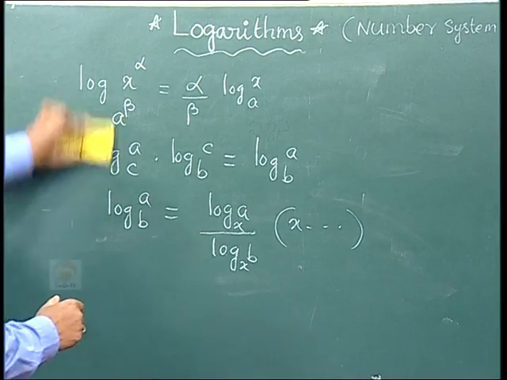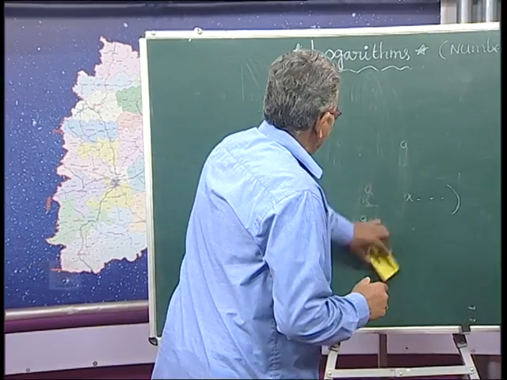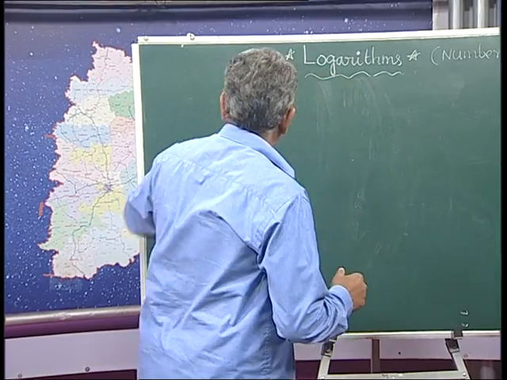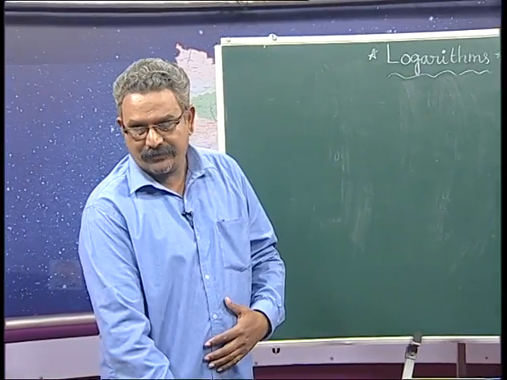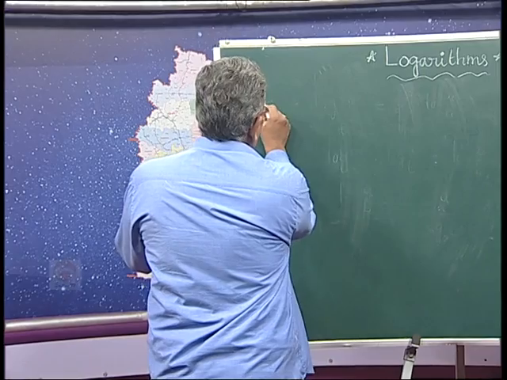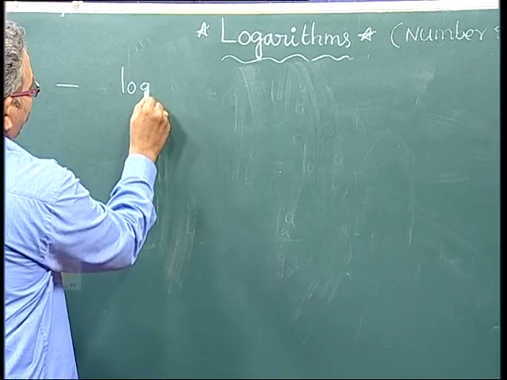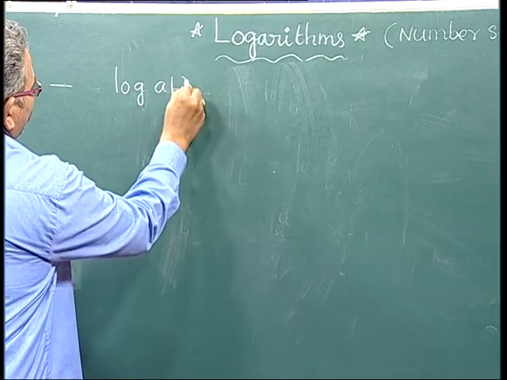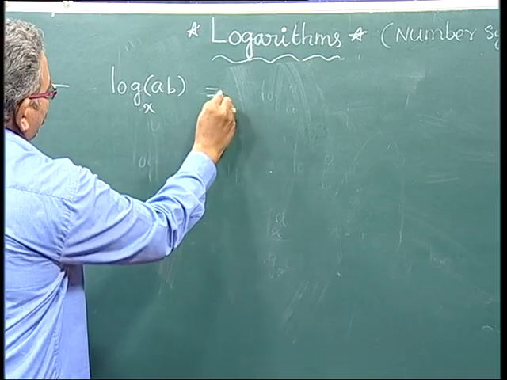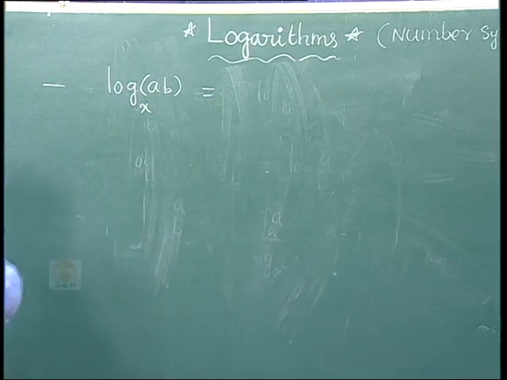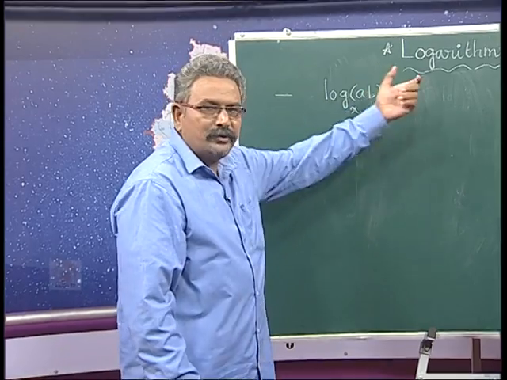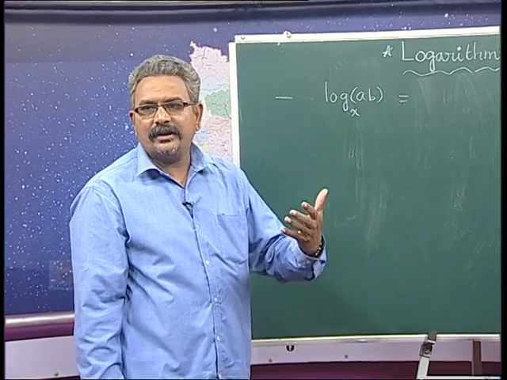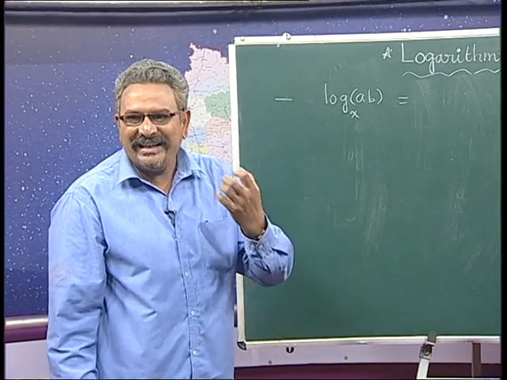Now let us discuss more properties of the logarithms. Log of ab to the base x, that means the product of two numbers. When you apply the logarithm to the product of two numbers, what do we get?